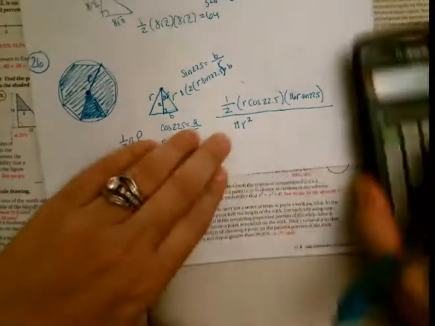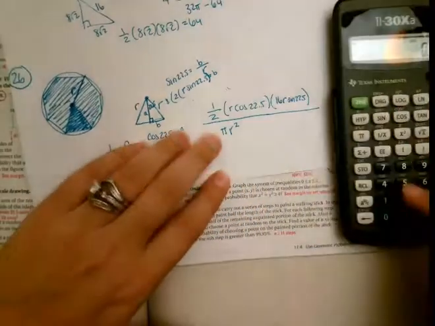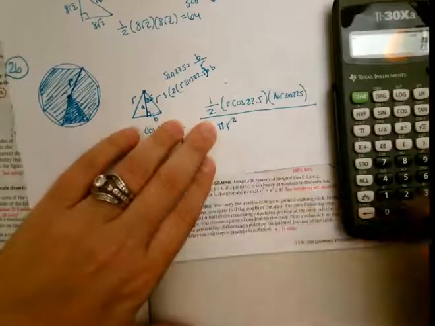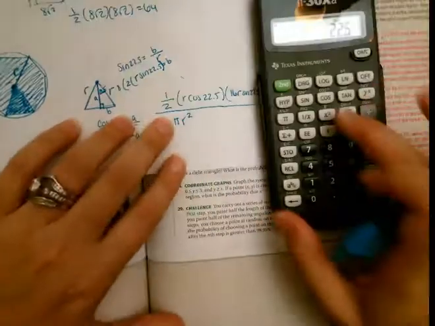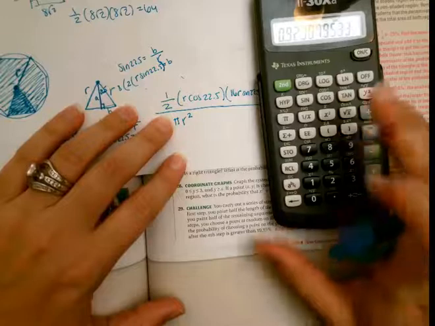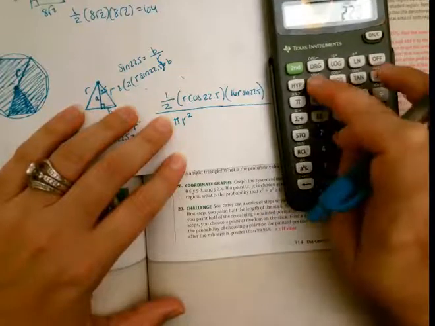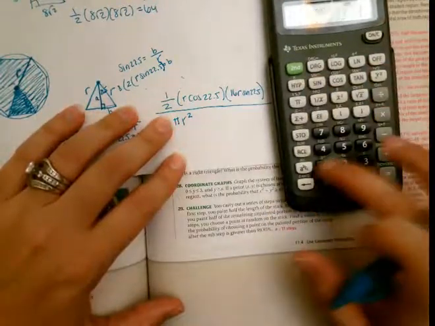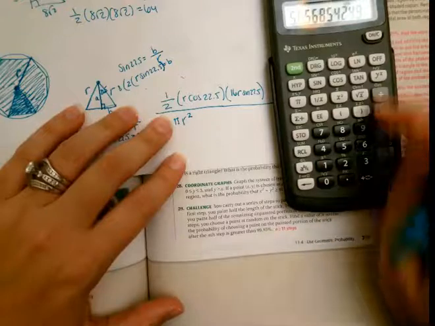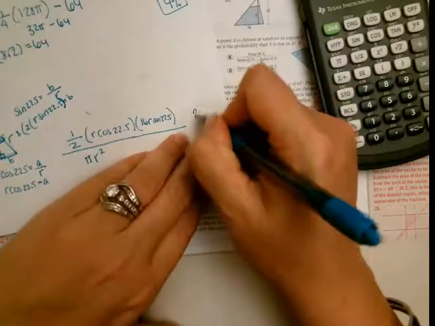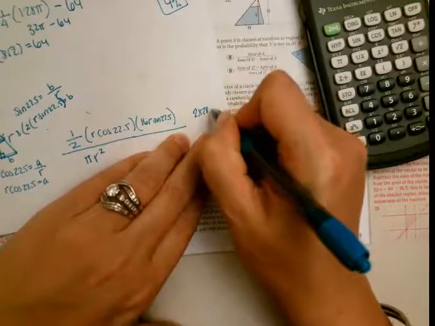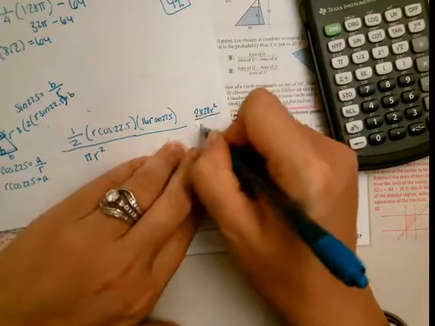All right, well, let's clean this all up. So what is 22.5 cosine times 22.5 sine times 16 divided by 2? So in reality, I have 2.828 and so on r squared over pi r squared.